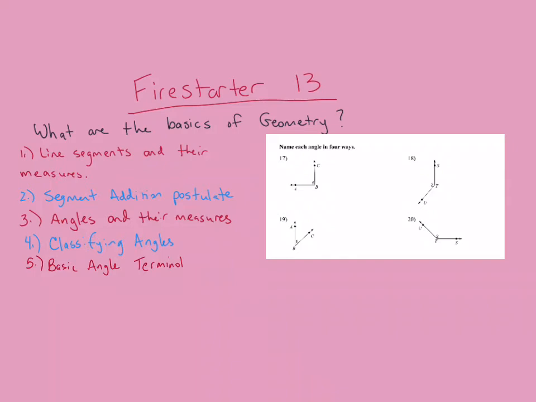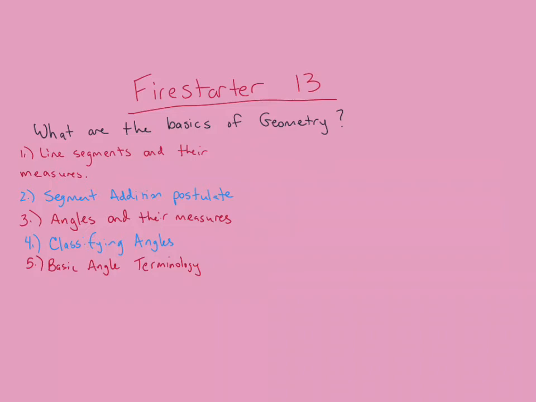And 4 and 5 kind of go together, so it's not a big deal if you only had one of those. So basically the 5th thing we're talking about is basic angle terminology. That's like 17 through 20. And I'll go through this at the end, what numbers are what ideas. So basically we're just looking at this worksheet, figuring out what ideas are going to follow along with each topic.